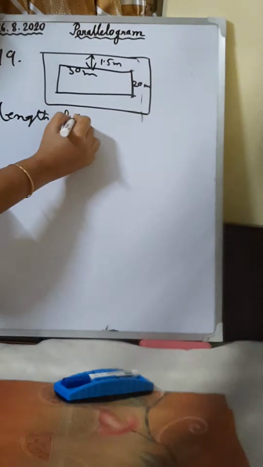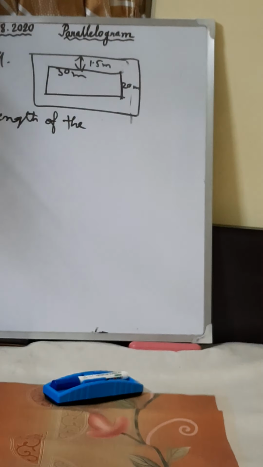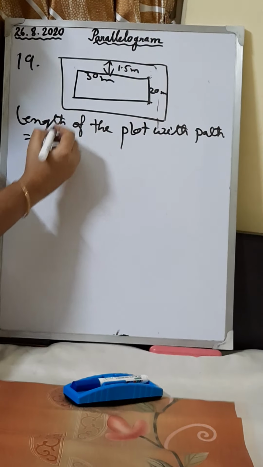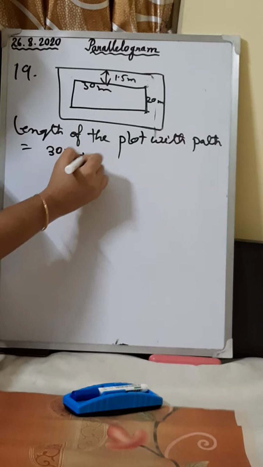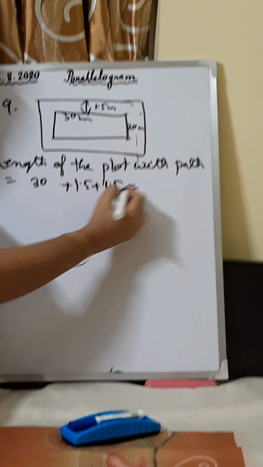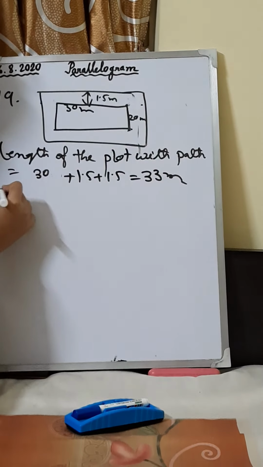So for the perimeter, first the length of the plot with path is what? 30 meter plus this side 1.5 and this side 1.5, that means 3, so 30 plus 3, 33 meter.